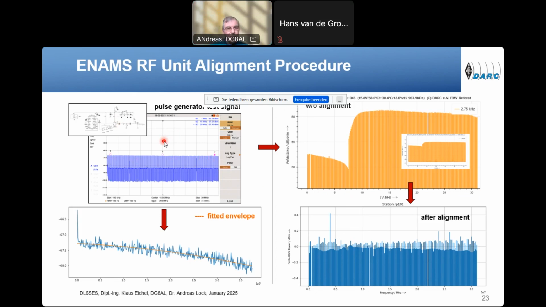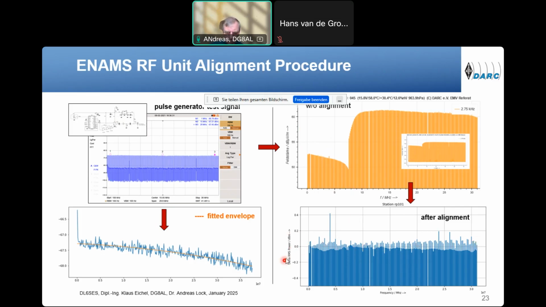This is a peak every 100 kilohertz, and I fitted the envelope here. This is the lower left diagram, and the reference curve for the further calibration is this orange curve. If you feed the signal without attenuation into our receiver, then you get this diagram. But after the alignment, you have this spectrum here.